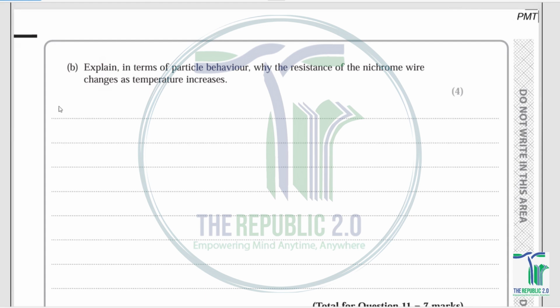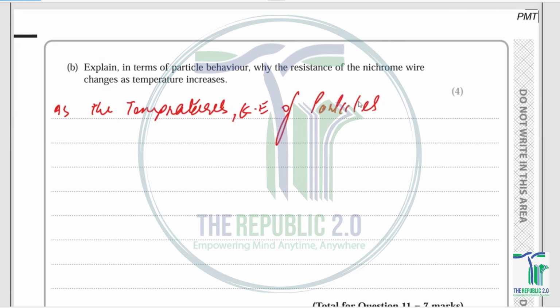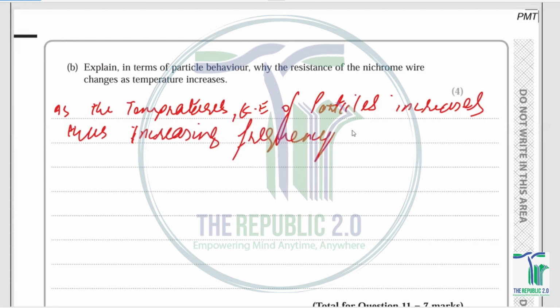So what we know is, as the temperature increases, the kinetic energy of the particles increases, thus increasing the frequency of collision of electrons.